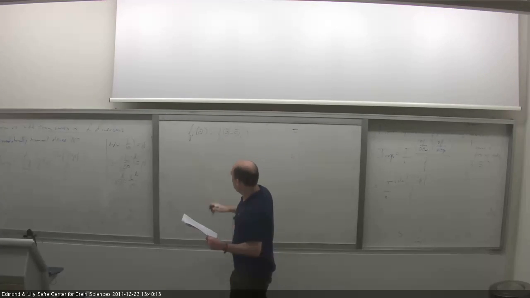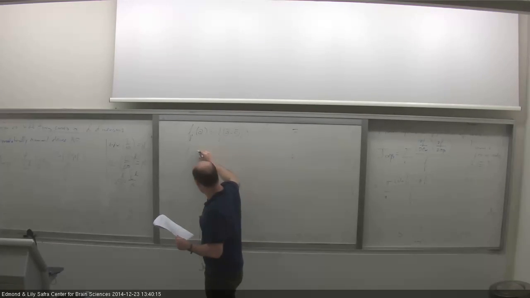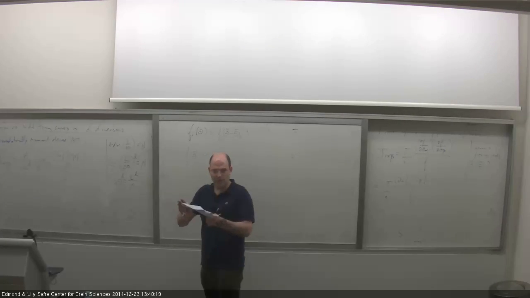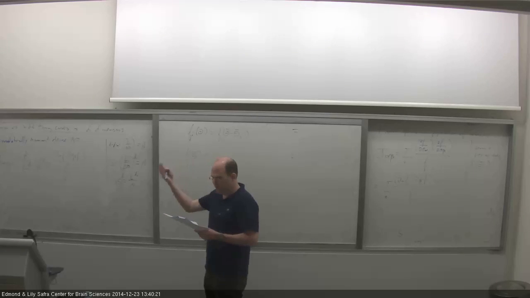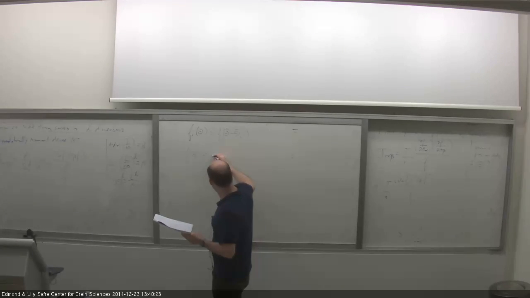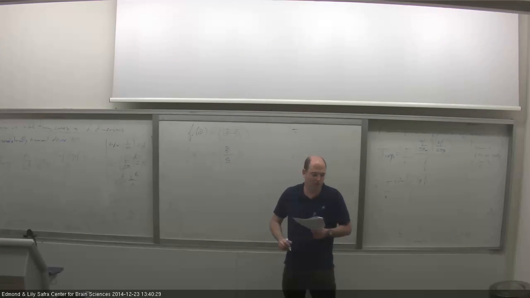I'm allowed to scale this function such that it's wide or narrow while maintaining the maximum firing rate fixed. So I write it as f of θ over s, the same thing that I did before.